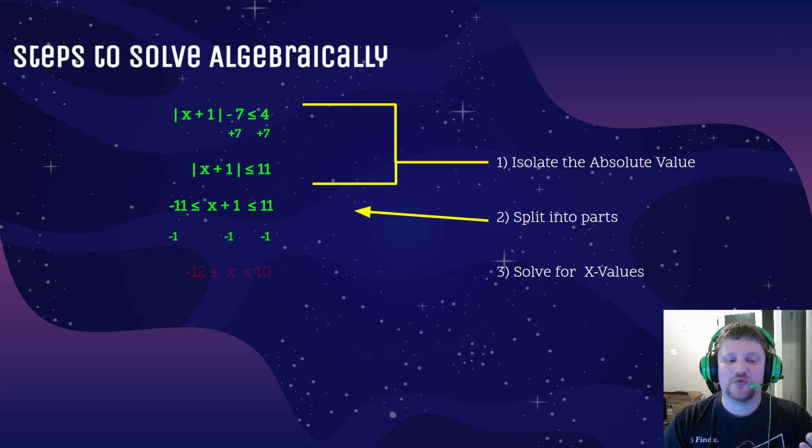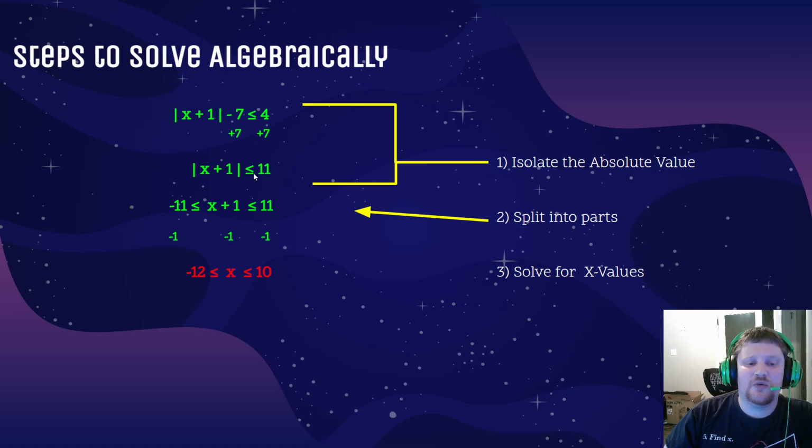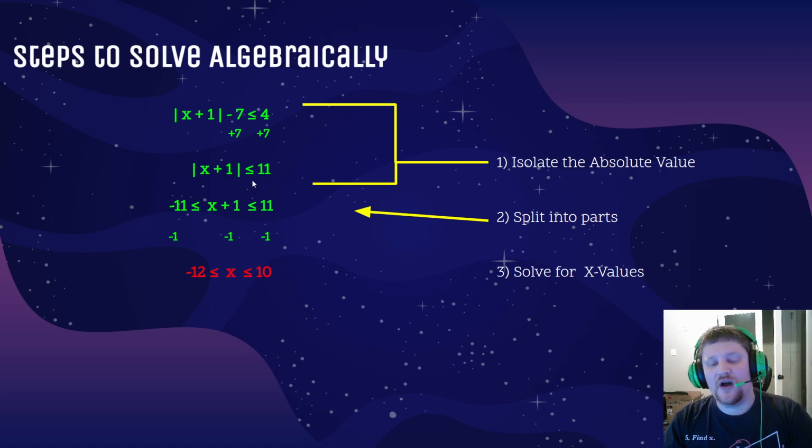Negative 11 minus 1 is negative 12, and 11 minus 1 is 10. So my answer actually ends up being negative 12 is less than or equal to x is less than or equal to 10. Notice that because my original symbol was less than or equal to, when I brought it over here, I kept that or equal to. So you'll always look towards your first symbol to decide whether or not your second one will have the equal to sign.